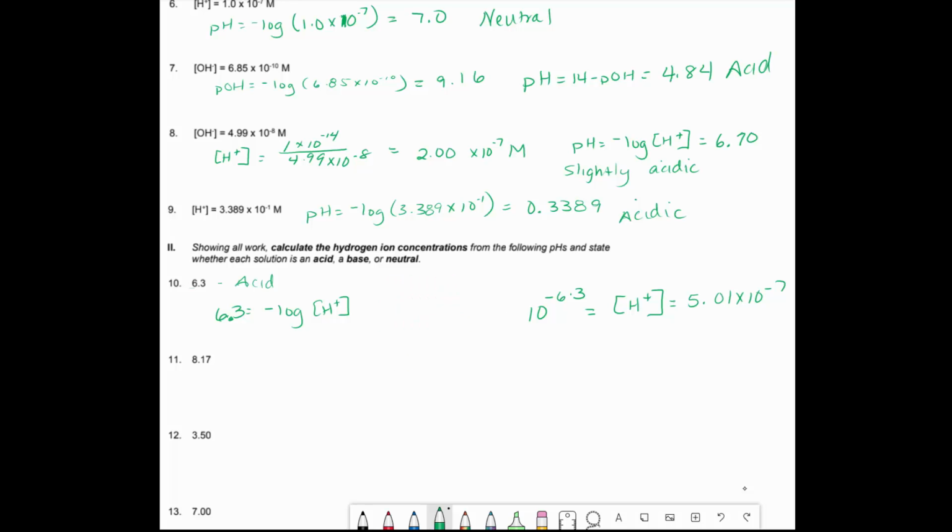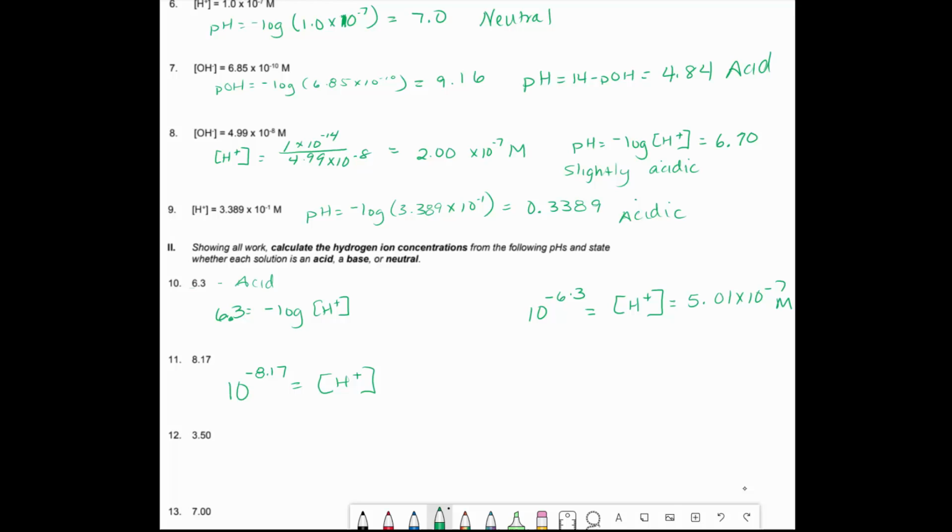If you have questions about how to work your calculator, send me a picture of your calculator with a request to help you with which buttons to press to figure out the hydrogen ion concentration from pH. So for 8.17, fundamentally what we're doing is we're taking 10 to the negative 8.17, and that's going to be the concentration of our hydrogen ion.